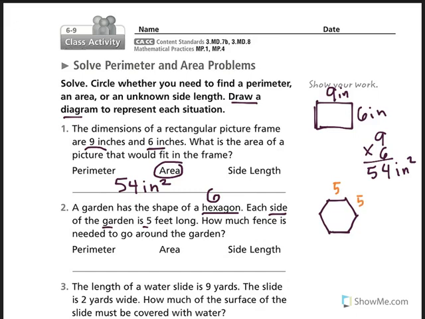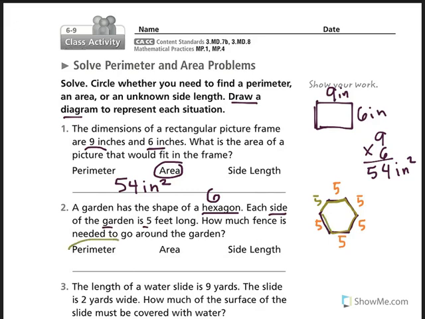5, 5, 5, 5, 5. Make that one a different color so I just don't get stuck. Okay, so I'm going to start on the green one, and I'm going to count by 5s because I'm just adding up the distance all the way around. So 5, 10, 15, 20, 25, 30.